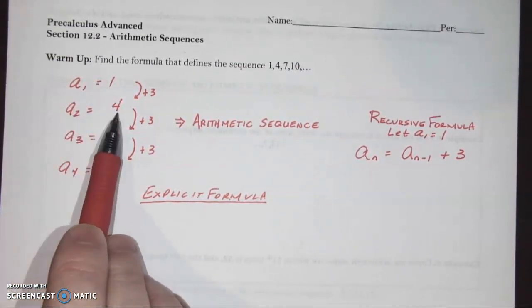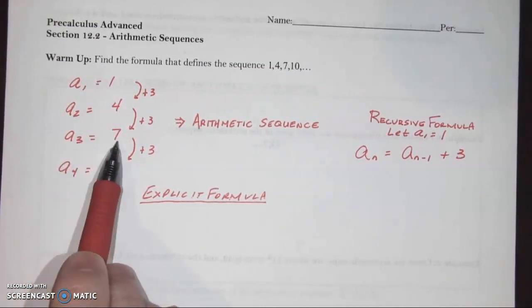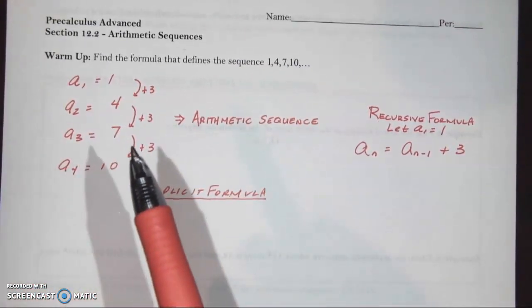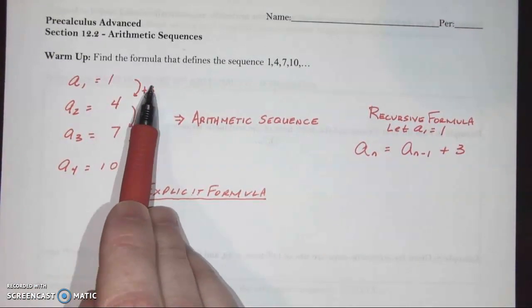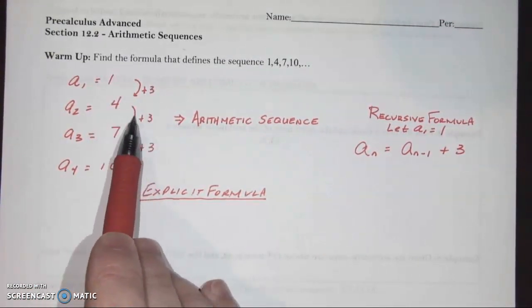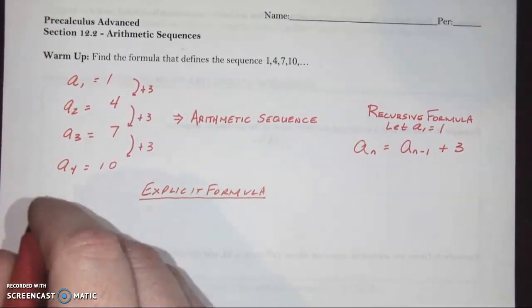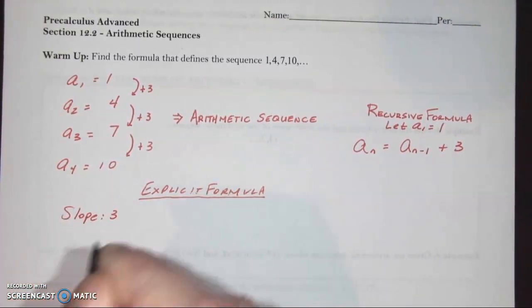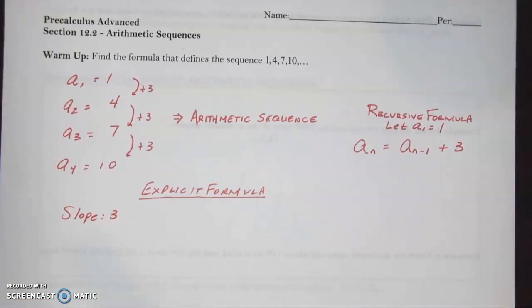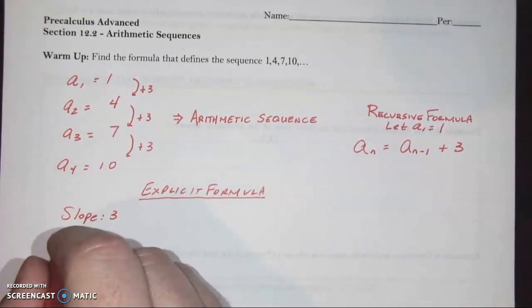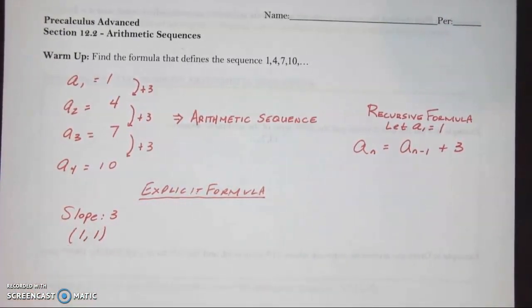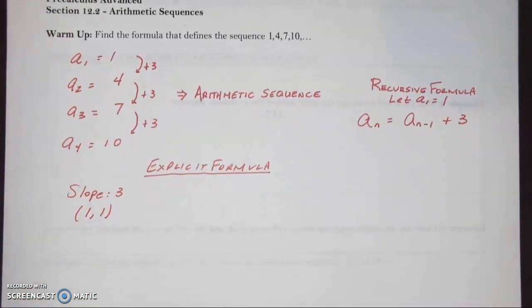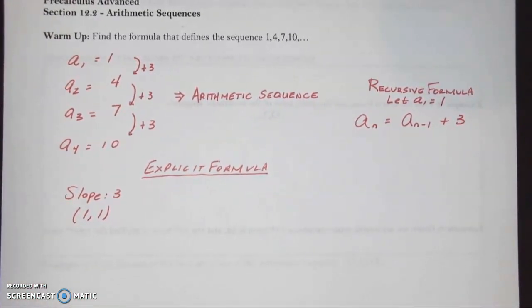If we input a 2, we get an output of 4, input 3, output 7. The increase from one term to the next is constant, so the slope of this function, this sequence as a function, is 3, and we're dealing with the point 1 comma 1.